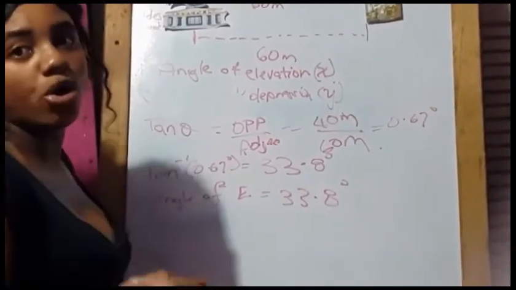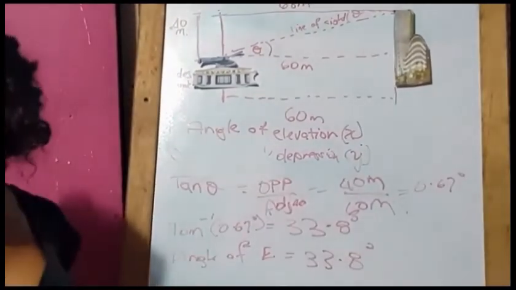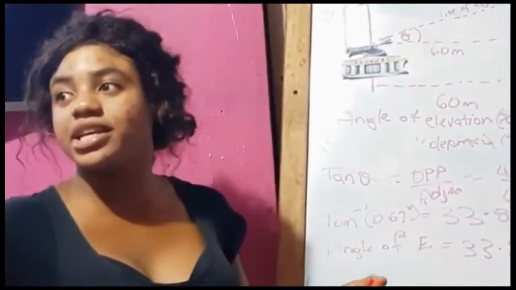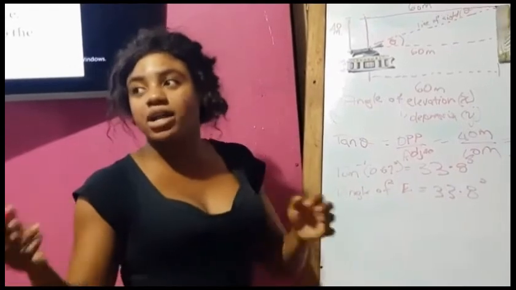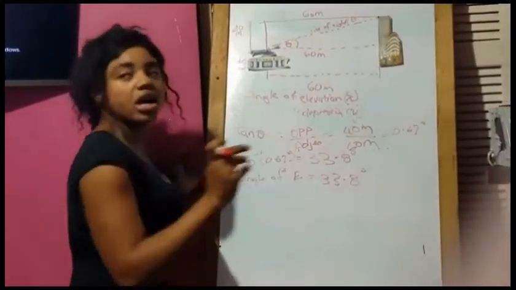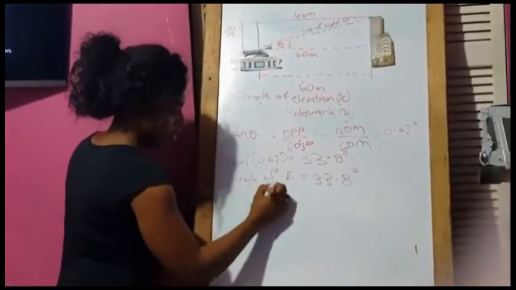And what do we say about the relationship between the angle of elevation and depression? Well, I want Group C students to answer this. Miss, they are alternate to each other, yes? Meaning the angle of elevation is equal to the angle of depression. That is what it means, that is correct. So if the angle of elevation is calculated to be 33.8 degrees, what is the angle of depression?